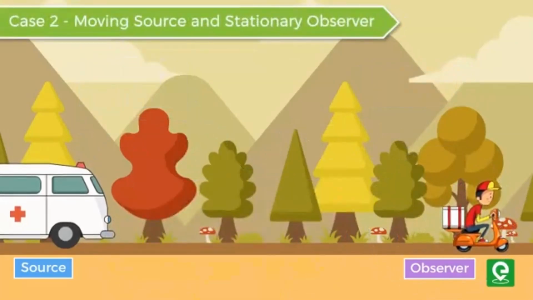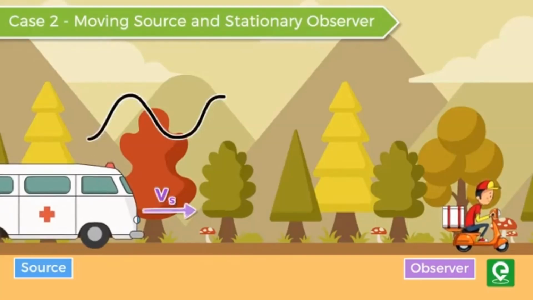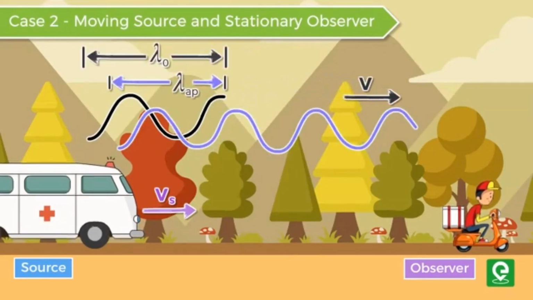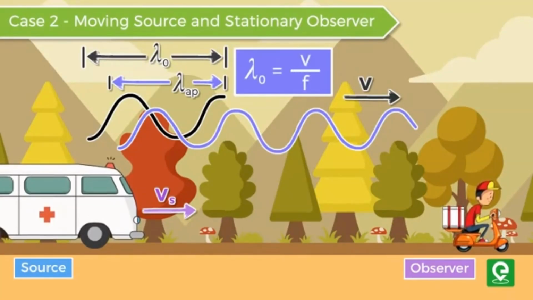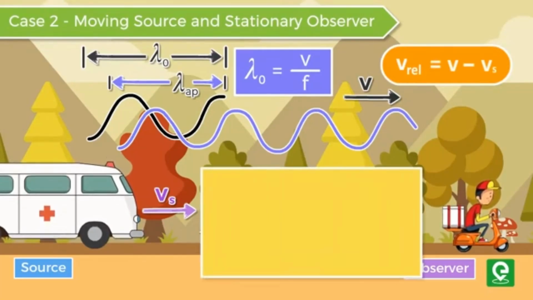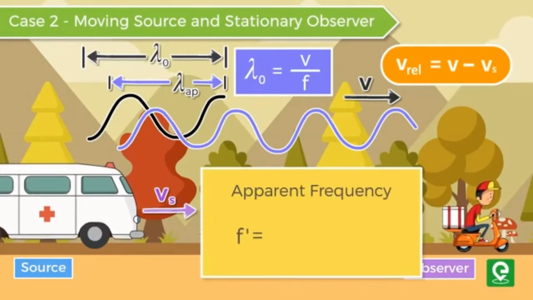Case 2. Moving source and stationary observer. When a source moving with velocity vs produces a sound wave of frequency f and the waves travel towards an observer with velocity v, then it has the wavelength lambda naught equals v divided by f. The relative speed of sound reaching the stationary observer is equal to v minus vs. Therefore, the apparent frequency of sound heard by the observer, f dash, is equal to f into v divided by (v minus vs).